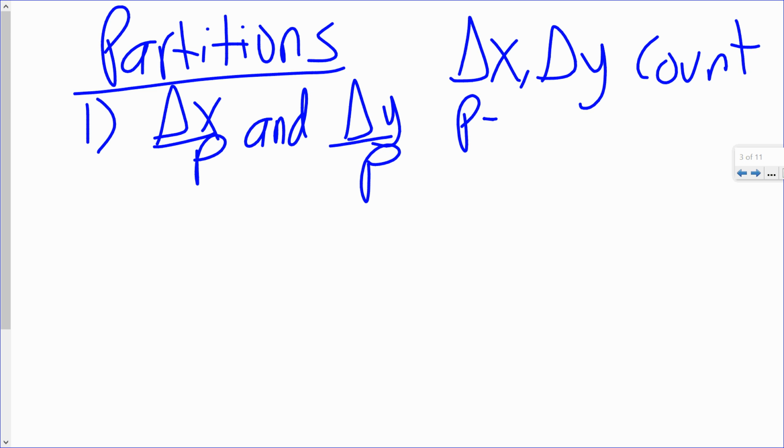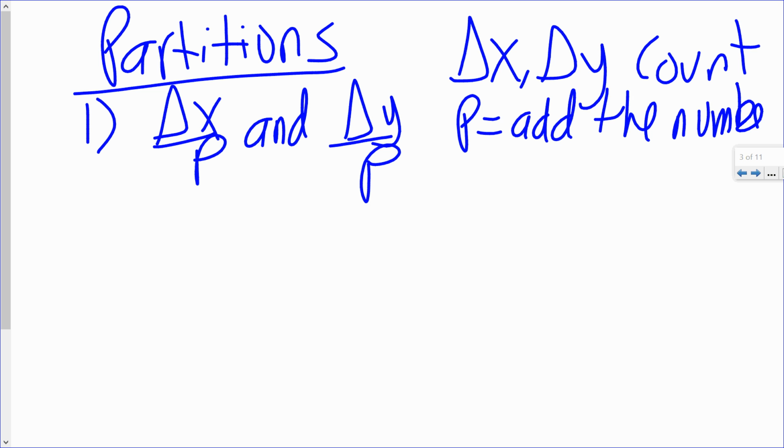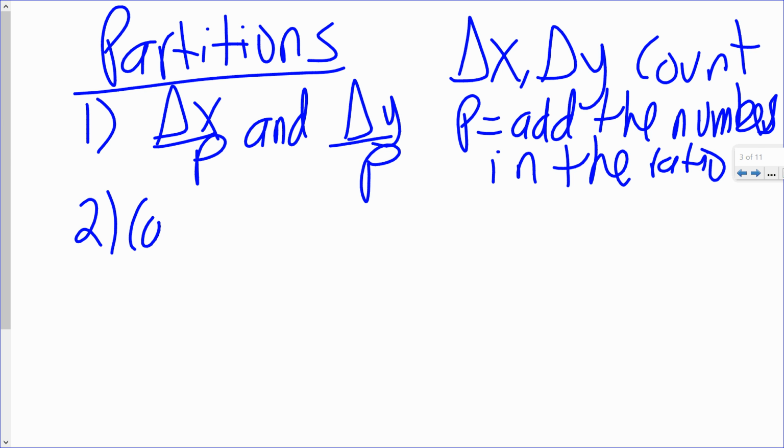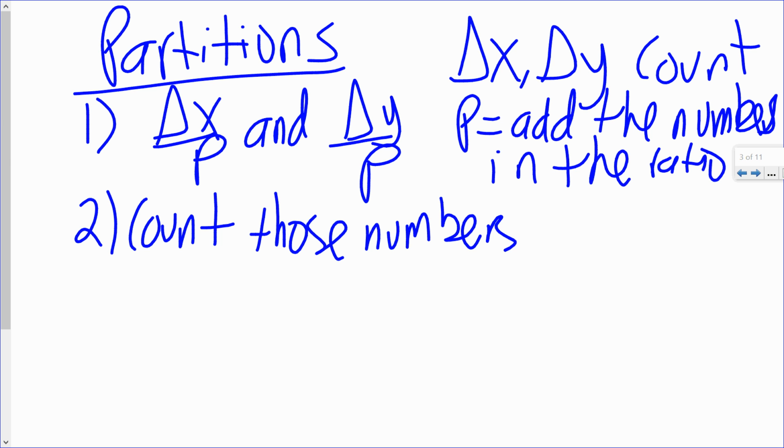And for p, add the numbers in the ratio. Then we are going to count those numbers out on the graph.